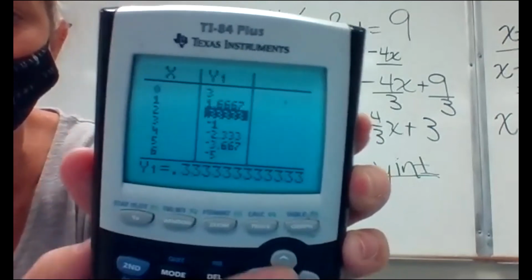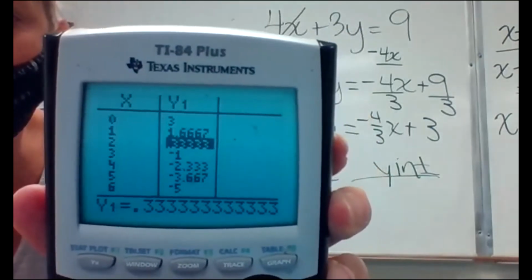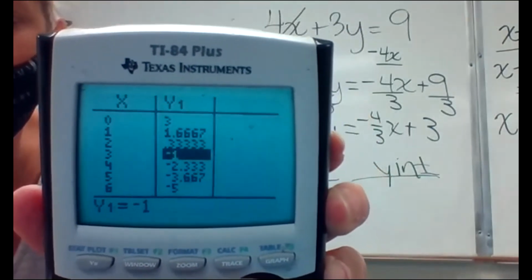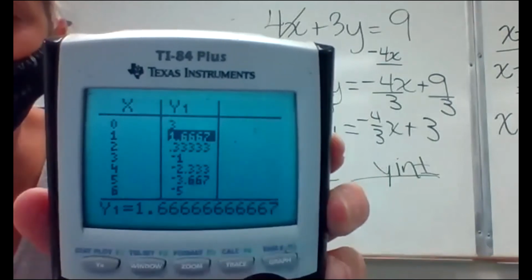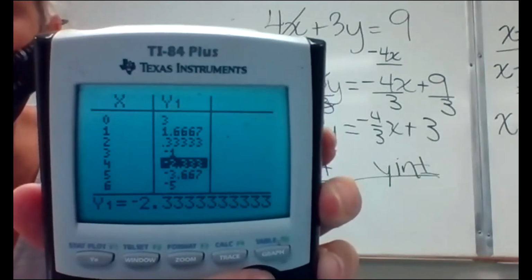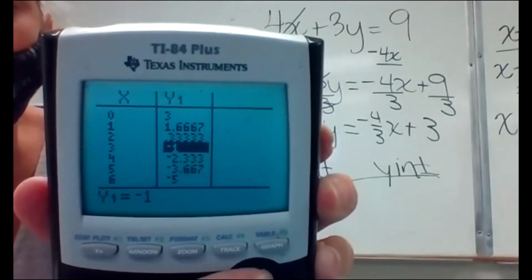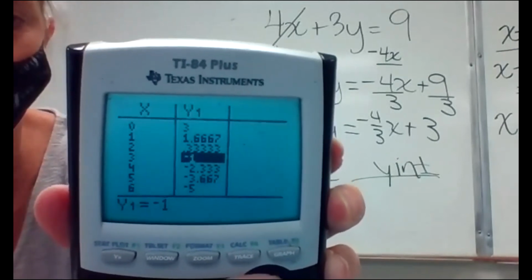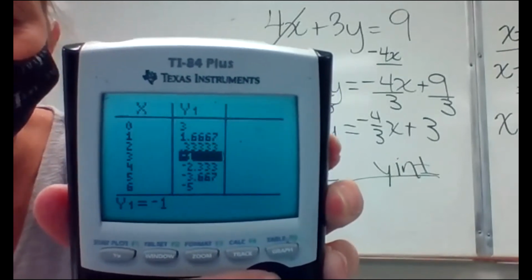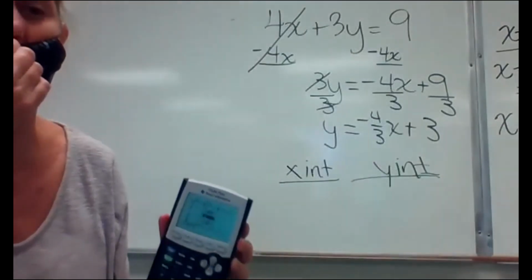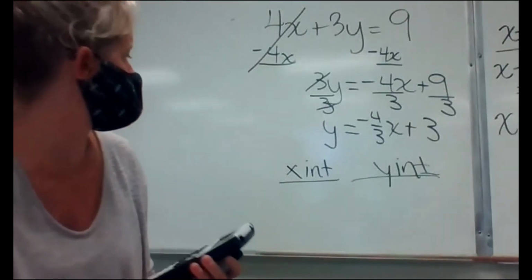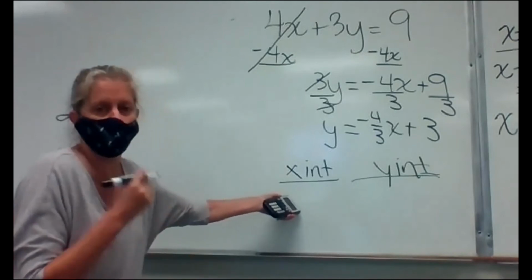But look what happens between this y and that y. I go from positive numbers straight into negative numbers, skipping right over 0, which means I can't use my calculator for that. So for my x-intercept, I'm going to have to do that on my own in just a minute.